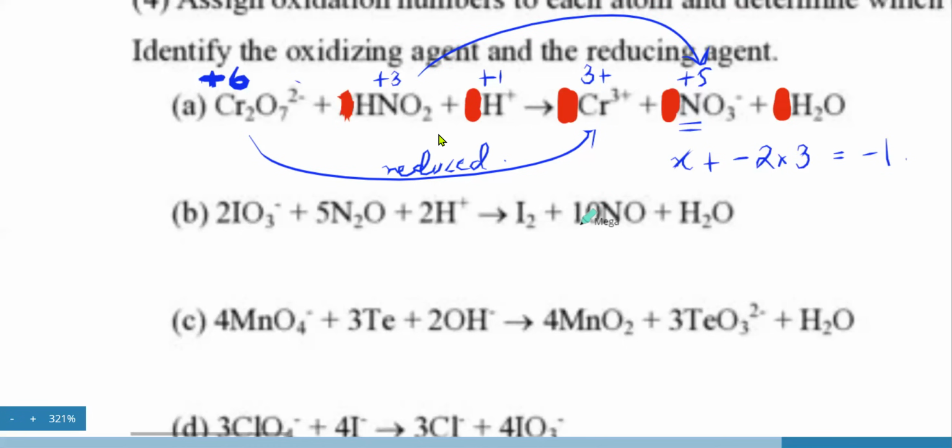Now, can you try and do the same for the second equation? Like O and H are already known. You just have to figure out I first, then N over here, then N over here. IO3 minus 1. Figure that out first.